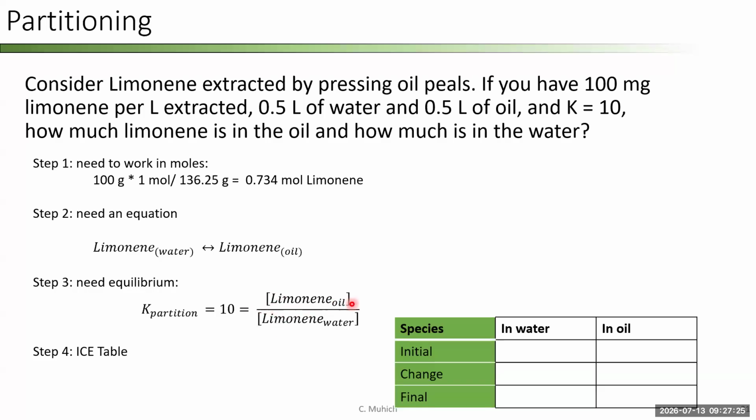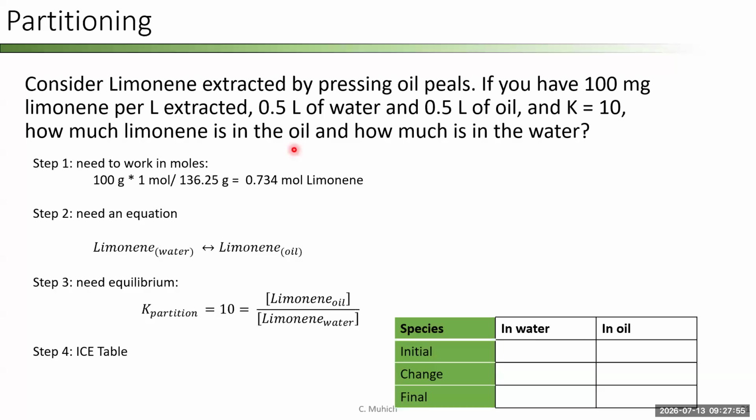So here we have limonene concentration in the oil over the water set up, and then we're going to construct our ICE table. We have the species in water and in oil, with initial, change, and final. Now, we don't know from the problem statement how much started out in the oil or in the water.